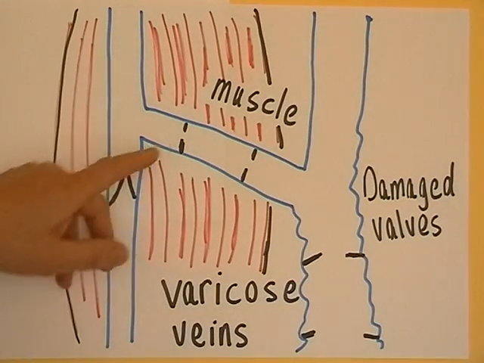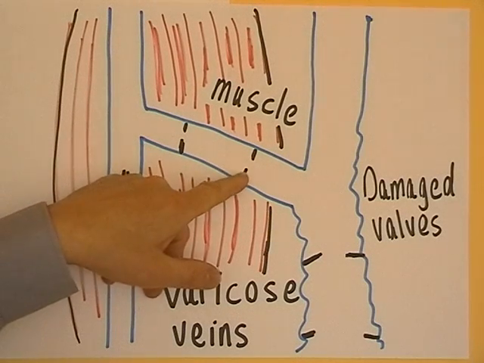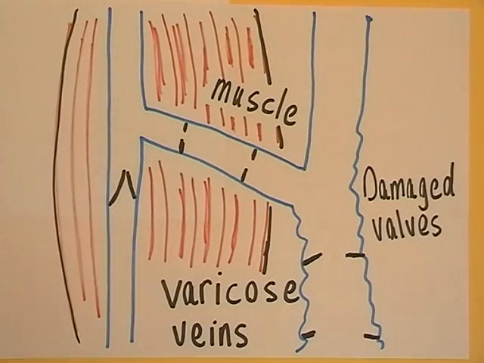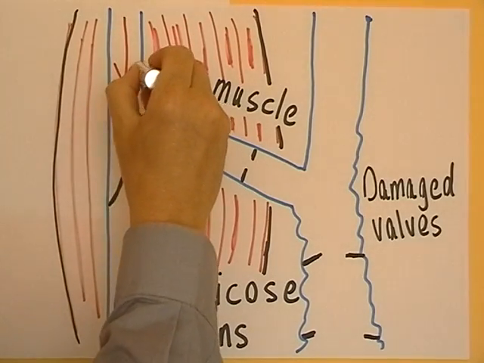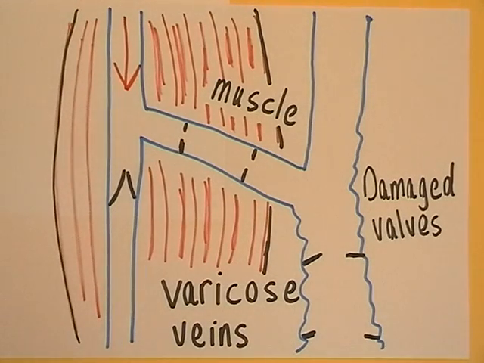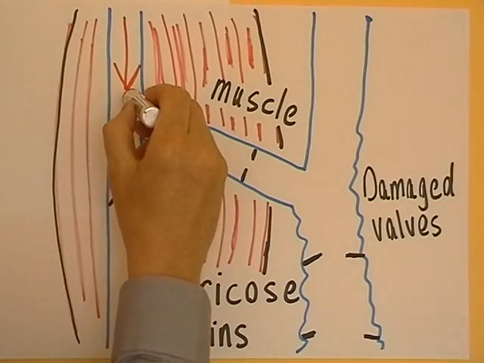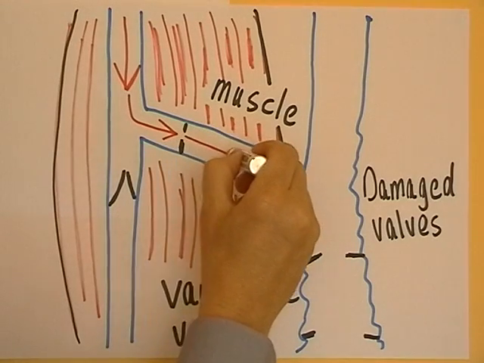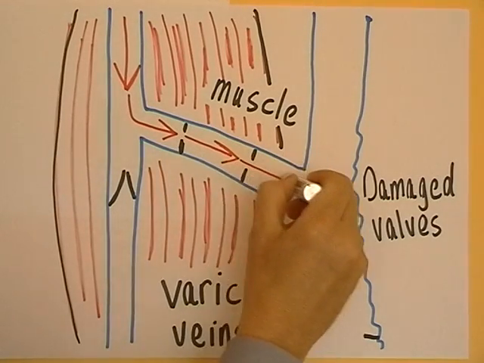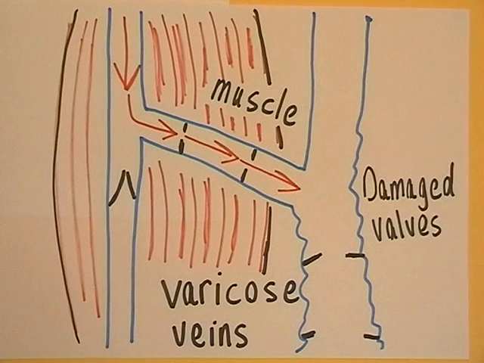Now if these valves fail, they become diseased and no longer function as valves. This means that blood from the high pressure system, and remember of course fluids always travel from an area of high pressure to an area of low pressure, is able to flow towards the low pressure superficial veins.